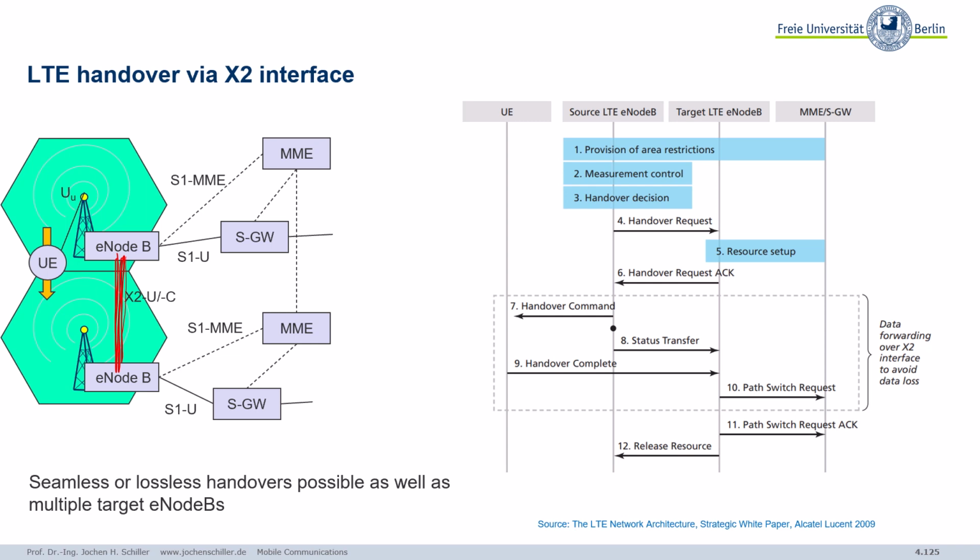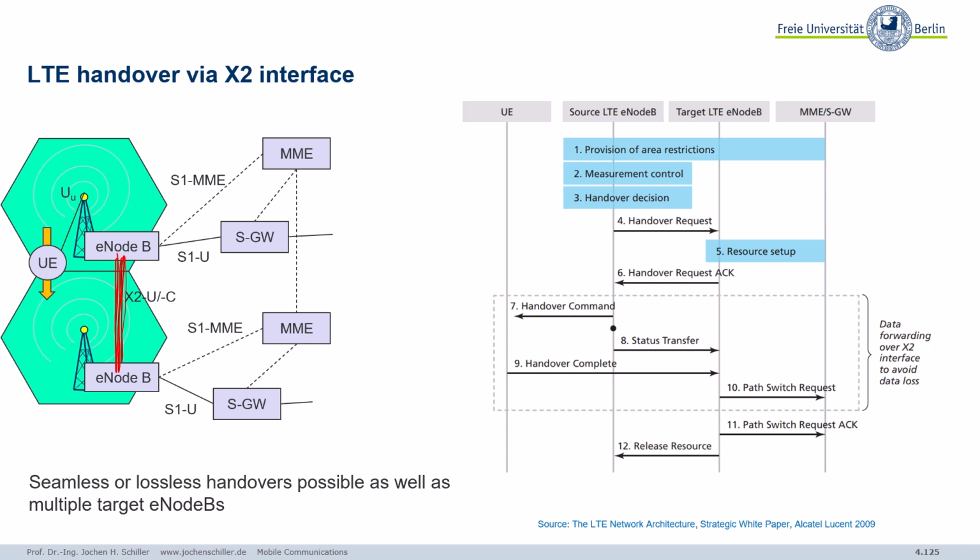Why do we have this? Well, the idea is LTE can provide something that's called a seamless or also a lossless handover. Two different things. Seamless handover, that means we try to perform the handover as fast as possible.